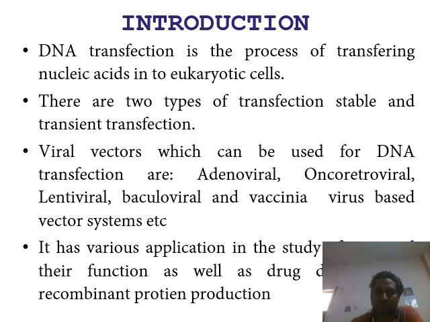But in case of transient transfection, the DNA doesn't get integrated into the genome of those cells, and it only remains there for some small period of time. So this is the basic difference between stable and transient. In stable, the DNA stays in the cells for a longer duration, and for transient transfection, it is for a very short duration inside the cells.